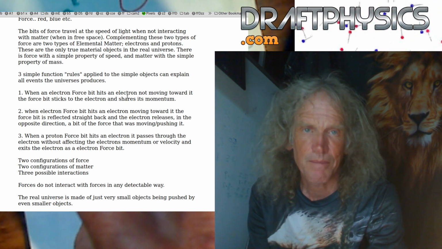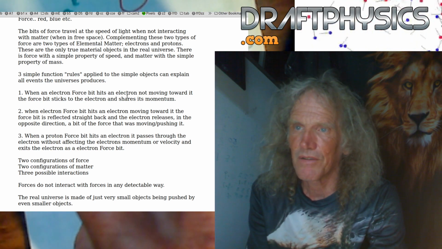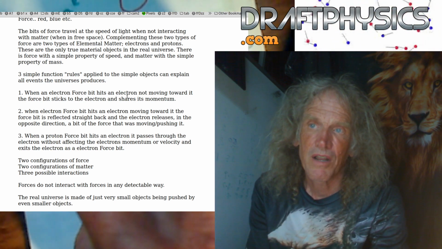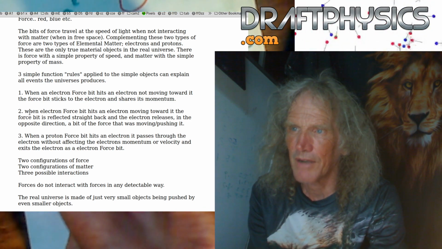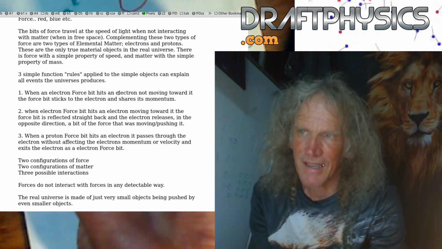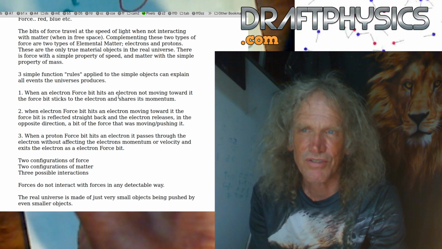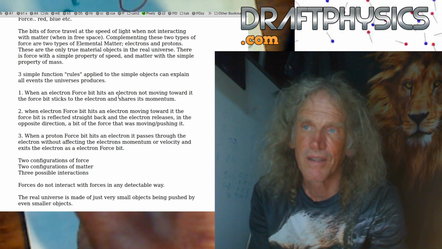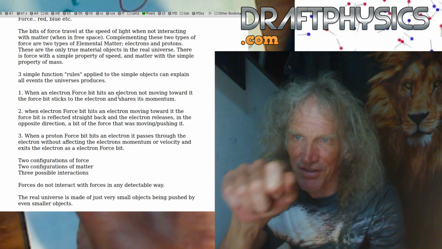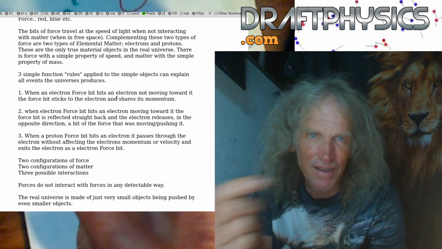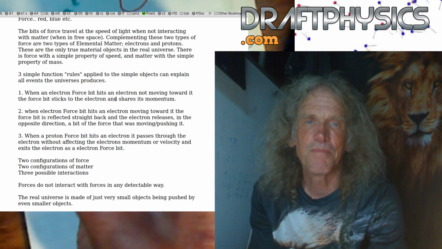I don't know whether it's 10% or 50% or 1/100th of a percent. To really test that, you have to figure out the slowest speed you can move an electron.